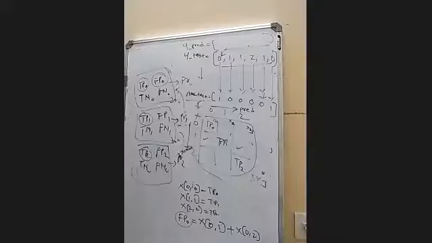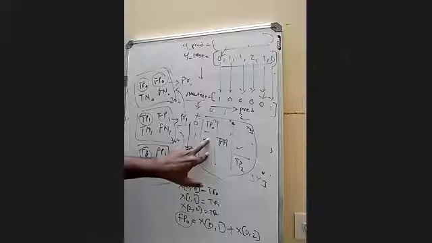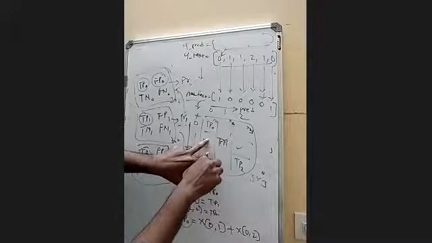Sir, even columns also? Other than 0,0, the row and the column, the addition of that element and the column bottom element also we need to take, no, sir? You are saying that along with this, I have to take these two elements also. Yes, sir.